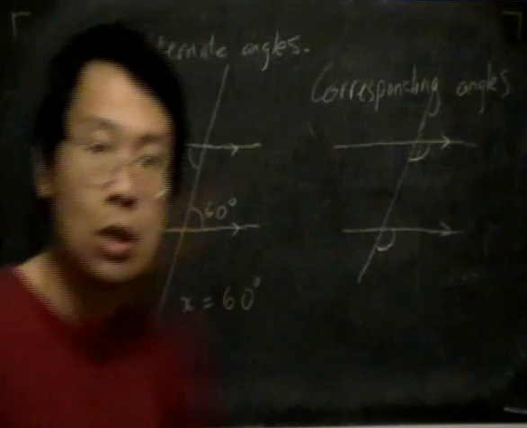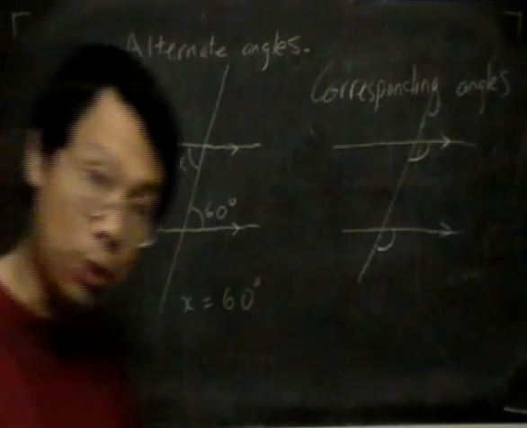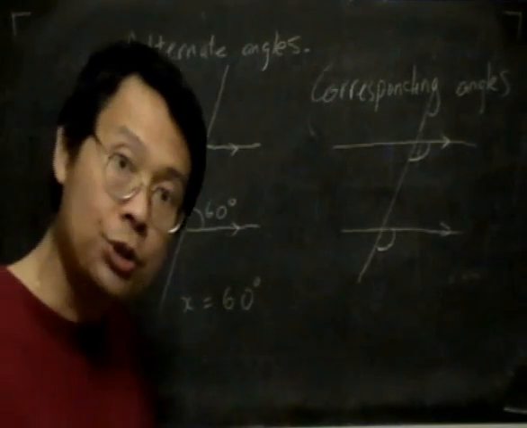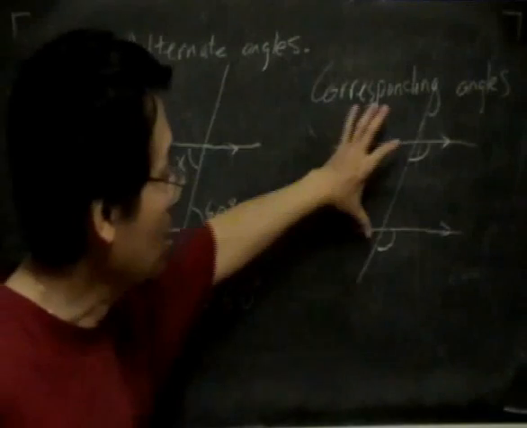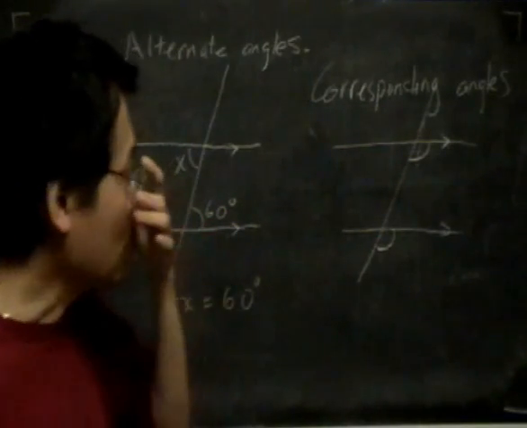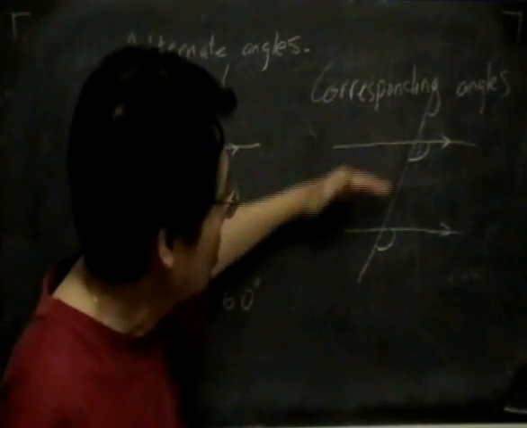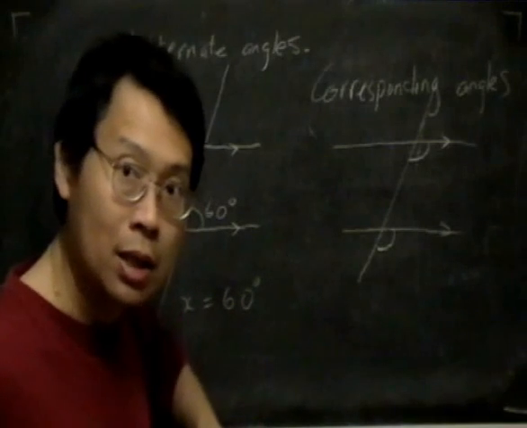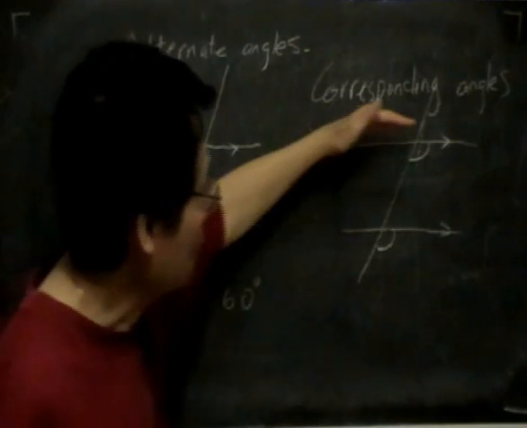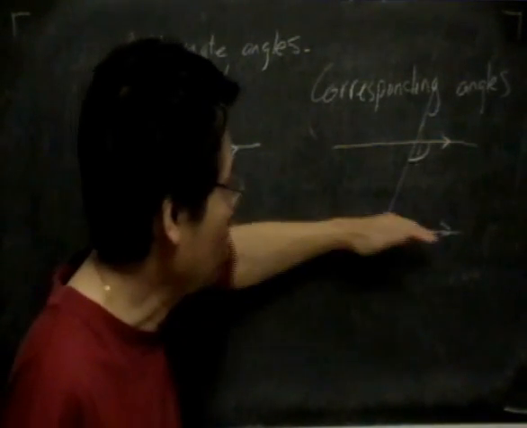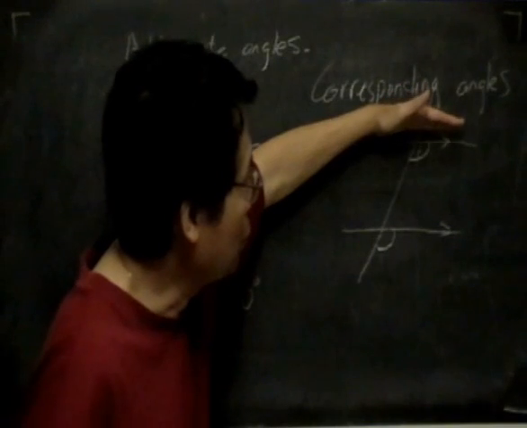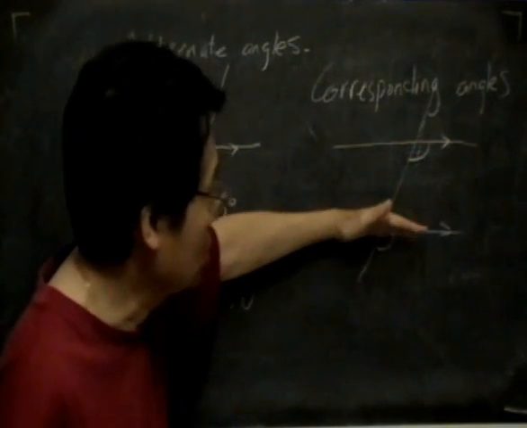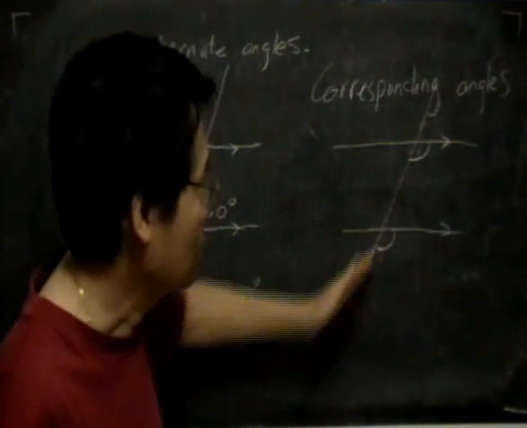Okay, these are called corresponding angles, and the property is that corresponding angles are equal. Now once again, you can roughly see why they should be equal, because this line is parallel to this. So if you imagine shifting this line downwards, okay, this line is fixed.